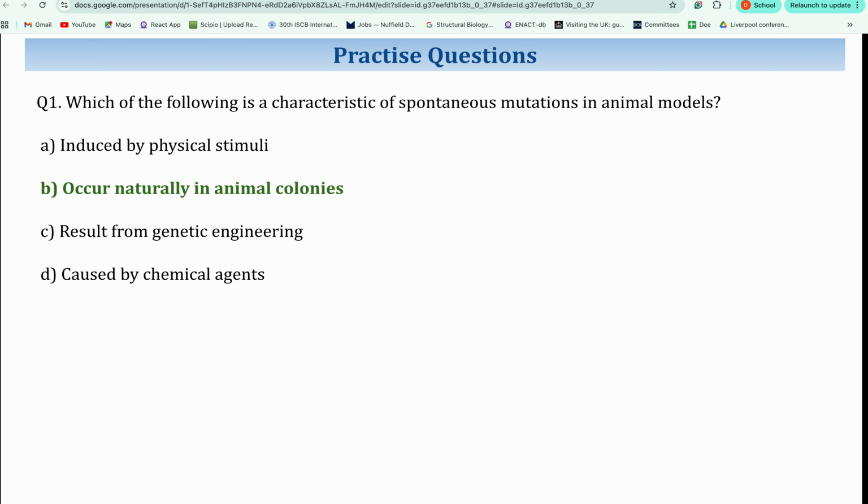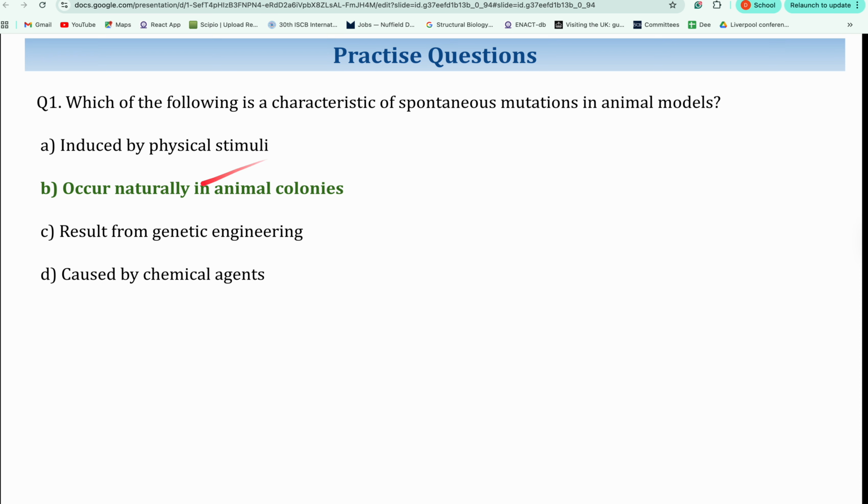Okay, now let's see. So the right answer is option B. Let's see the question again. It was asking which characteristic is of spontaneous mutation in animal models. We've already looked into spontaneous mutations, which occur naturally. So the first option is wrong because it says it is induced by physical stimuli.